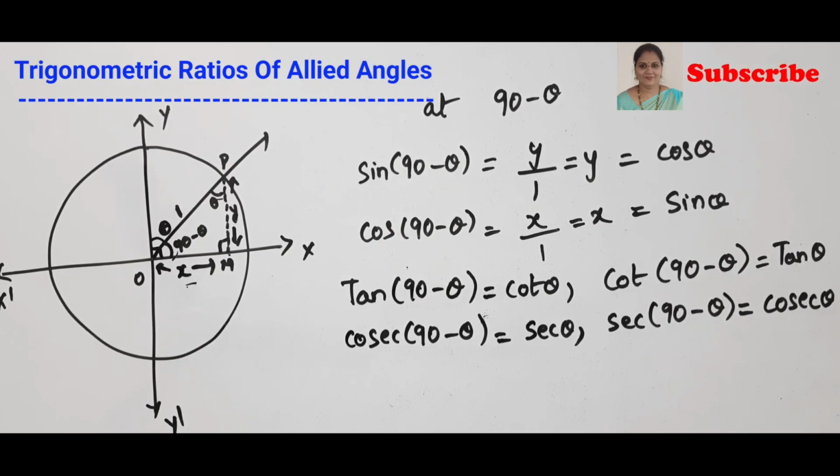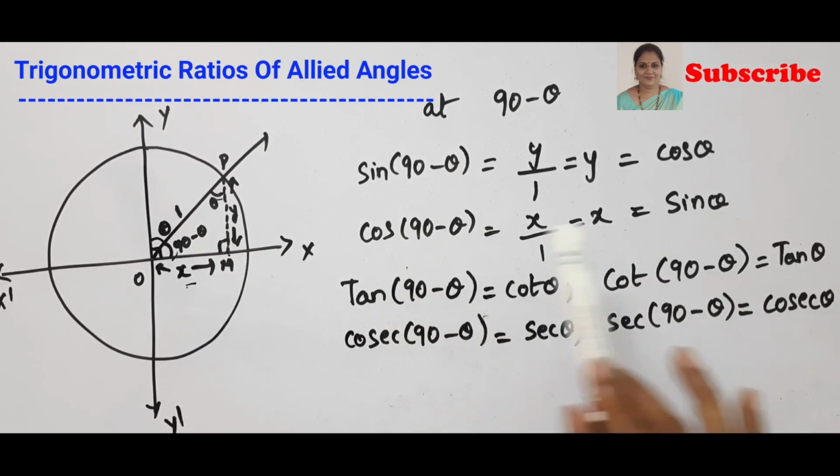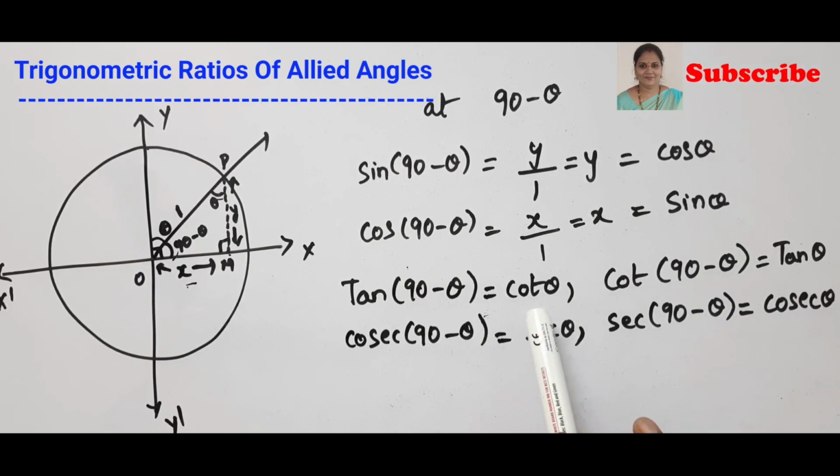So at 90 minus theta, if we observe, there is a change in the trigonometric ratios. All remain positive. Okay. So here sin changes to cos, cos changes to sin, tan changes to cot, cot changes to tan, cosecant changes to secant, secant changes to cosecant.